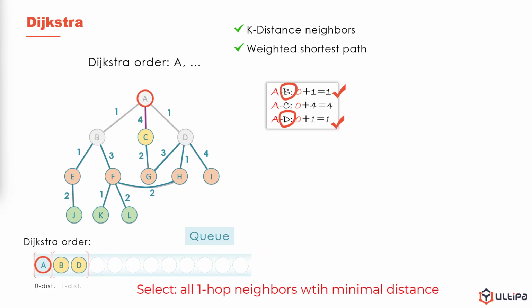Now create a zone for these two nodes as one distance, which is the minimum value just calculated. Then instead of moving the pointer, we expand the scope of inspection. From all the nodes under inspection, explore one-hop neighbors with the shortest distance.